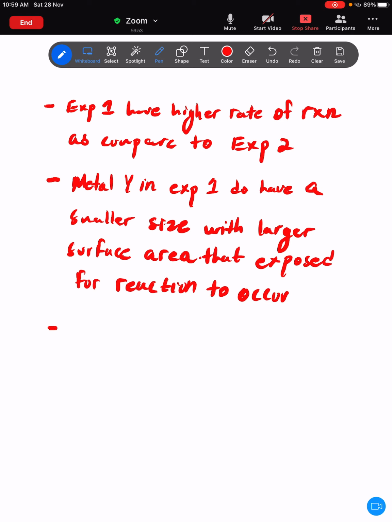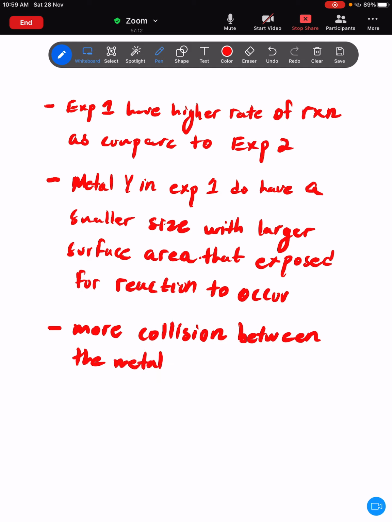Okay. Then, the second one, what happened? This will cause more collision between the metal Y and Z acid.